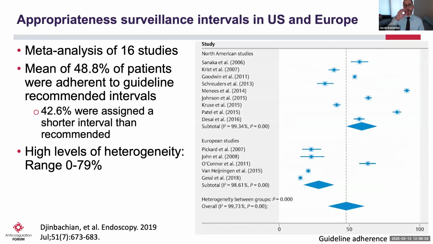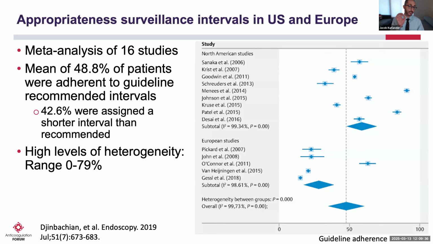So those are some reasons maybe why we overuse scopes for patients with comorbidities and advancing age, but we also actually overuse endoscopy for routine surveillance even in younger patients. So here I'm showing the results of a meta-analysis that was published in Endoscopy, where they looked at 16 studies and they asked what percentage of patients with a recommendation after colonoscopy had guideline adherence in terms of those recommendations.